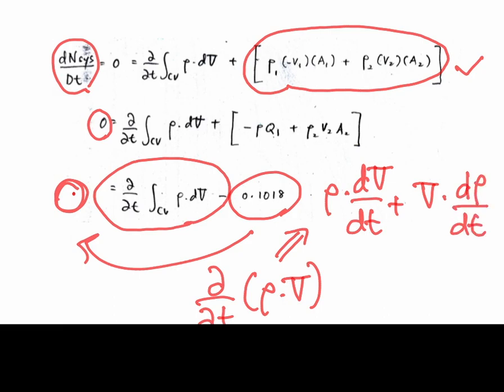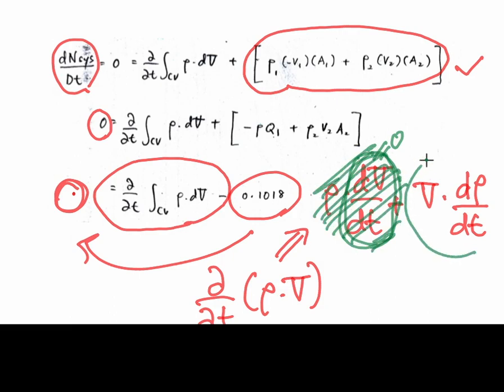In this situation, dV/dt is equal to 0, because the tank of our compressor is rigid, not expandable, so there is no change of volume along time. If dV/dt is equal to 0, this term can be neglected.